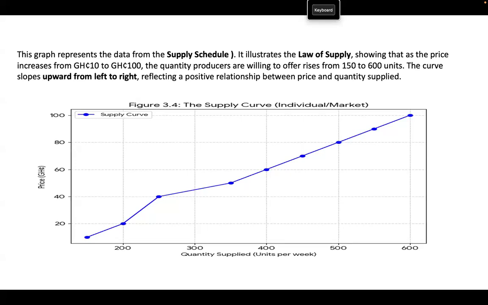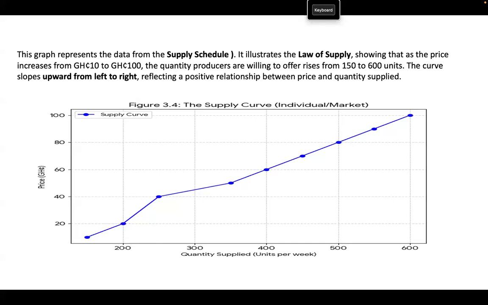Okay, so let's call it a day. I don't want to add more topics on you today. So concentrate on the law of demand and the law of supply. Next week we will combine them to deal with the market equilibrium. That is where we will apply simultaneous equations and the maths.